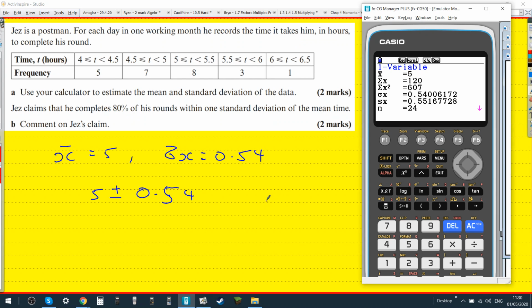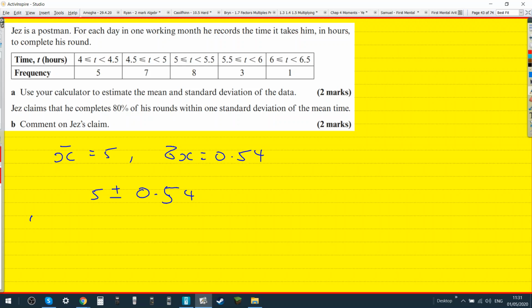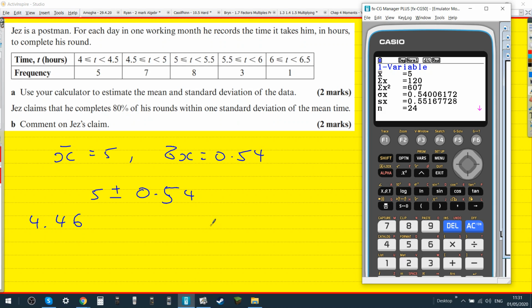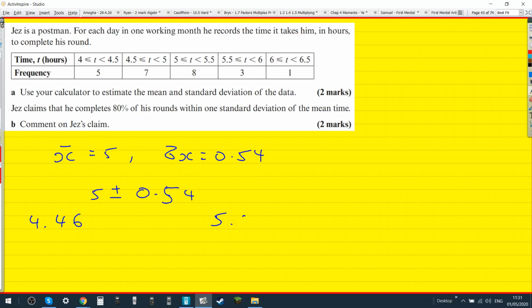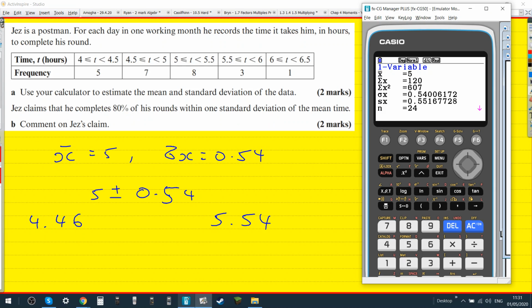So I'll let you work that out. So that'll be 4.46 and 5.54.